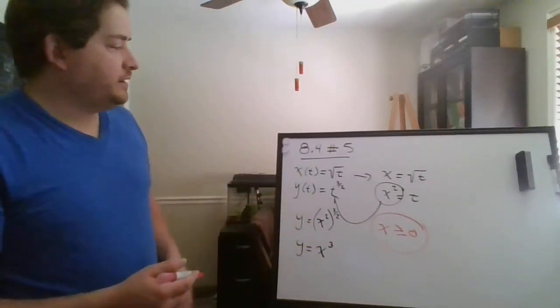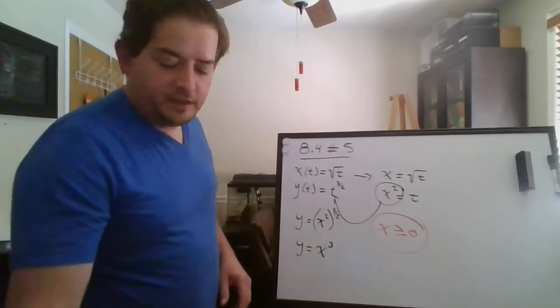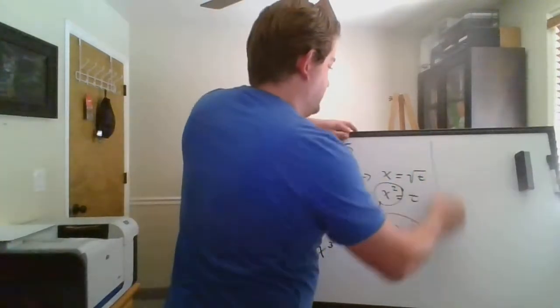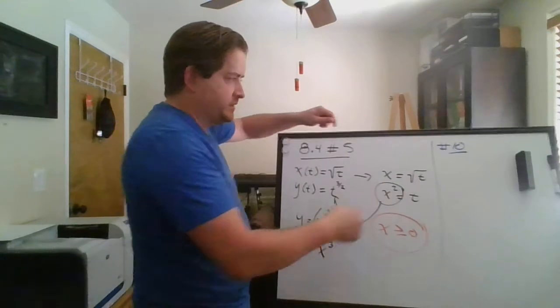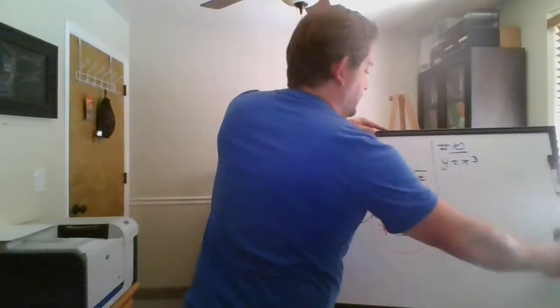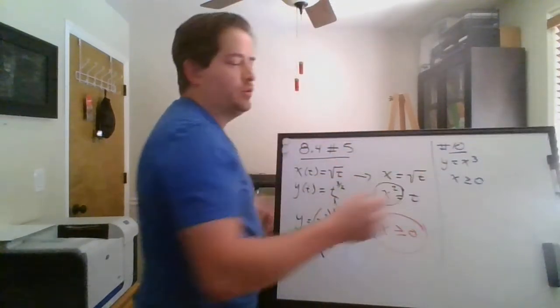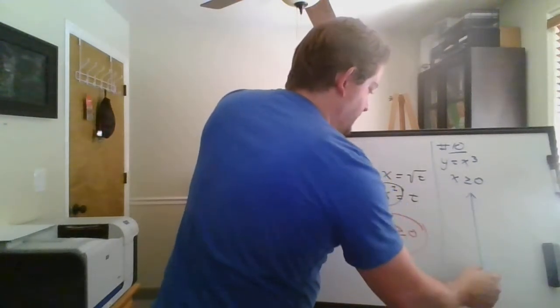So noting that, number 10 asks us to graph this thing. I'm graphing y equals x to the 3rd, given the limitation that x can only be 0 or more. I should know what x to the 3rd looks like.